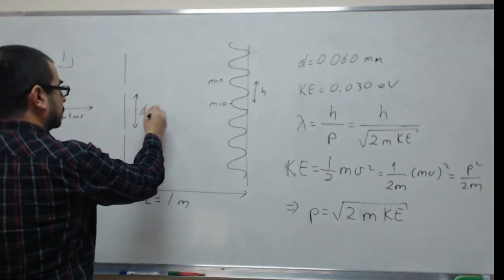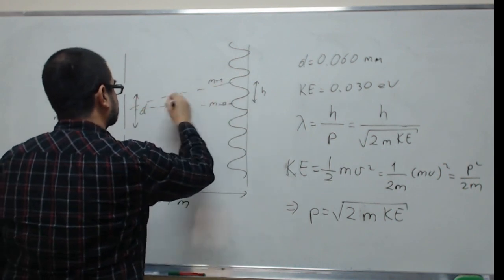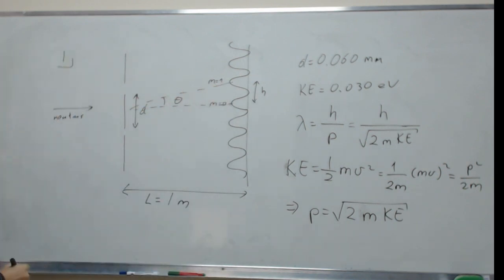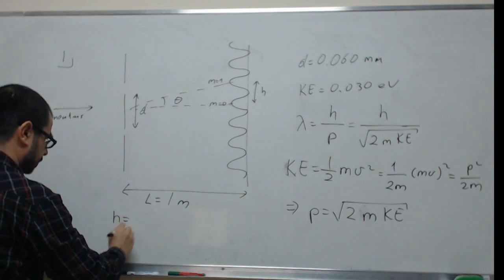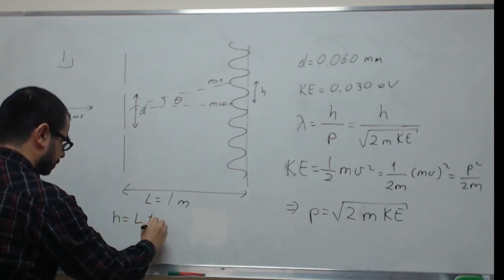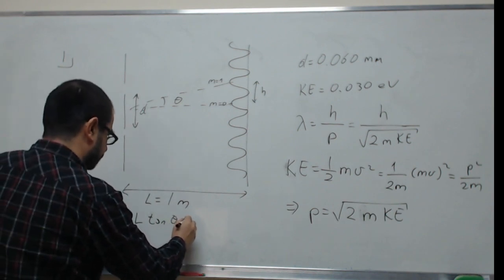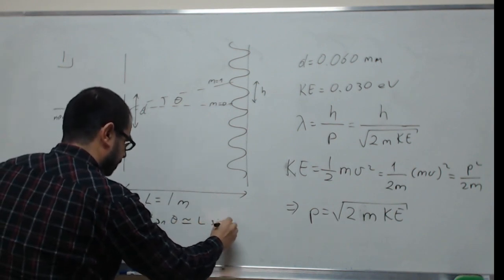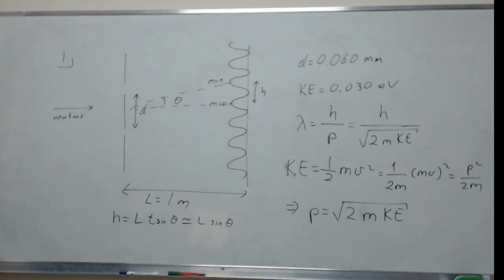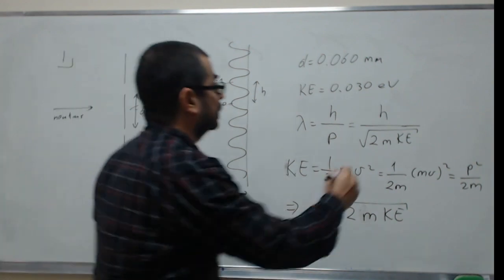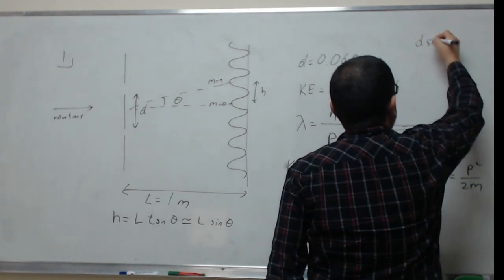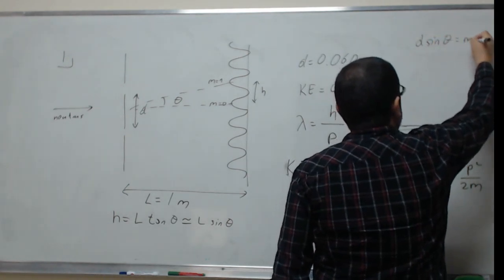And then we are going to find this H here. Let's say we have some angle theta, so that H is going to be L times tangent theta, right? But this is a small angle, so I can approximate this as L times sine theta, and that sine theta is determined by the condition for the bright fringes, and that one is what we call d sine theta is equal to m lambda.